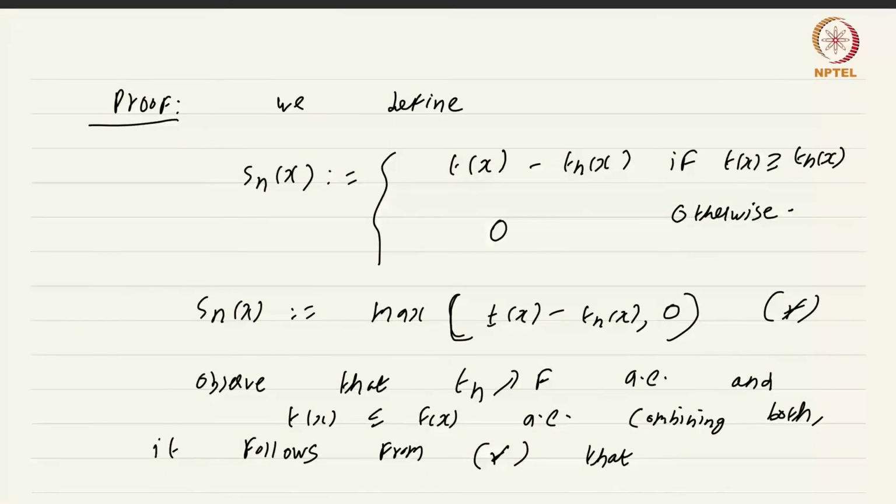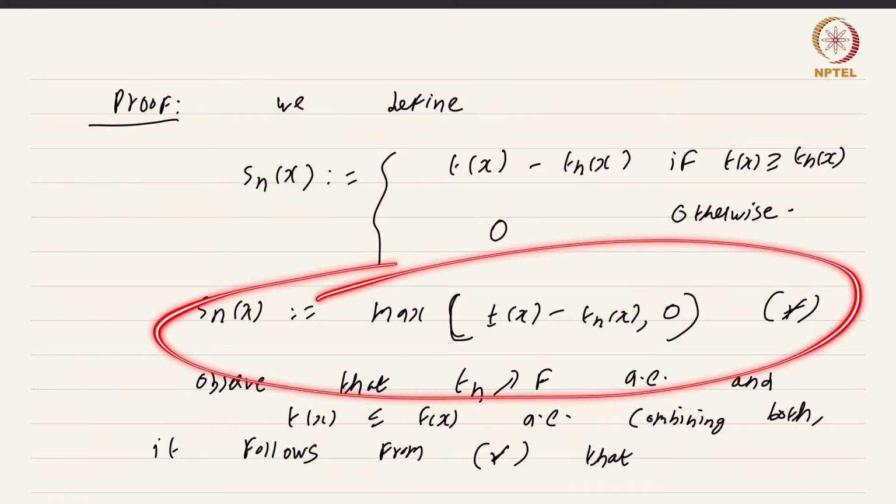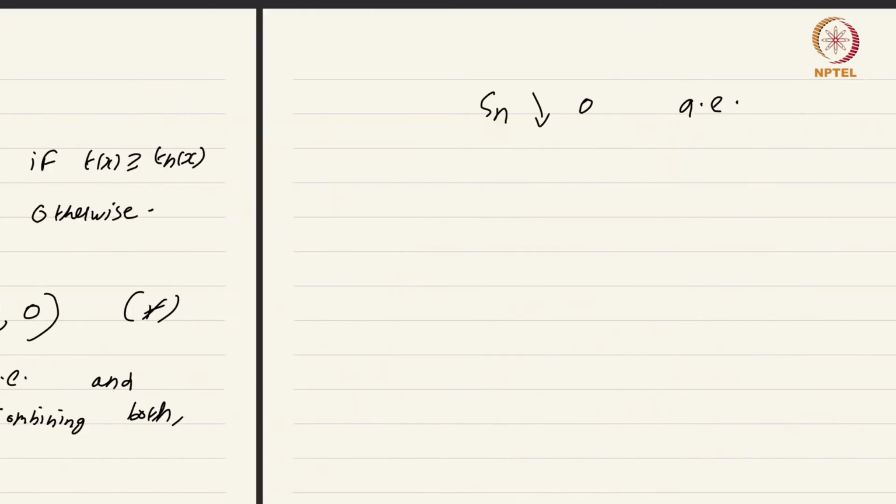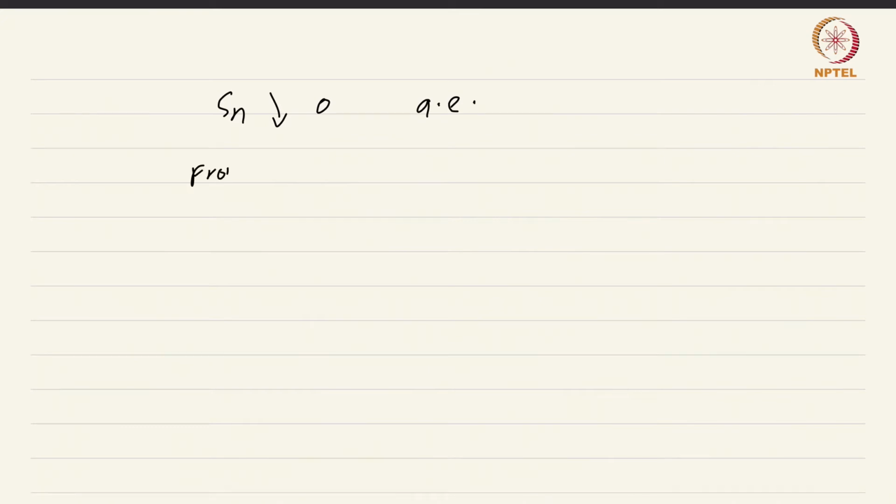Since Tn's are an increasing sequence of functions, it's clear that Sn's are decreasing, and furthermore they must decrease to 0 because Tn's converge almost everywhere to f. So at some point Tn has to become greater than T because T is less than or equal to f. So this first term has to become less than or equal to 0 after a point, in which case this maximum will become 0. So from the previous theorem, the integral of Sn over I converges to 0.